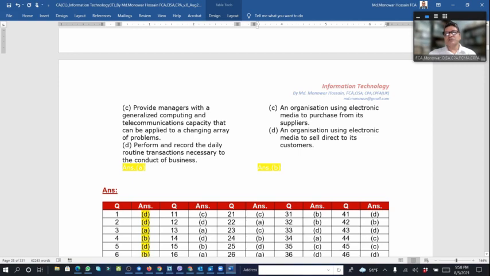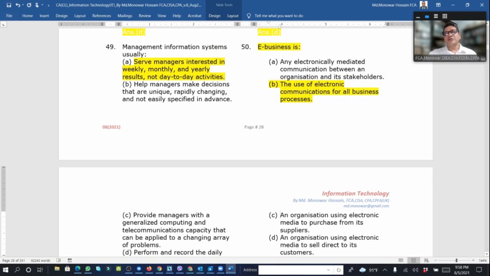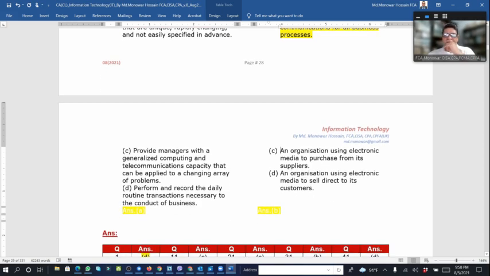An organization using electronic media to sell. The answer is B, the use of electronic communication for all business processes. Selling directly to customers is only one part, not the full picture; the supply chain is also included.